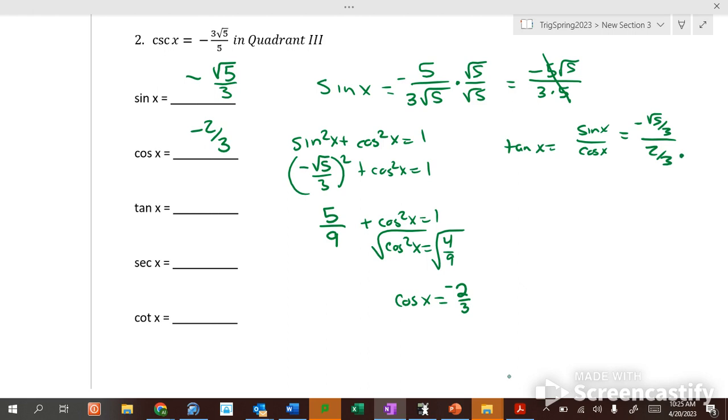Since I have a complex fraction, if I multiply by the denominator of the denominator, the 3's cancel, and I get negative square root of 5 over negative 2, which become positive. Square root of 5 over 2.